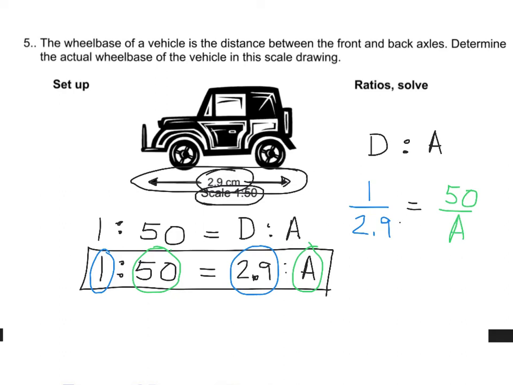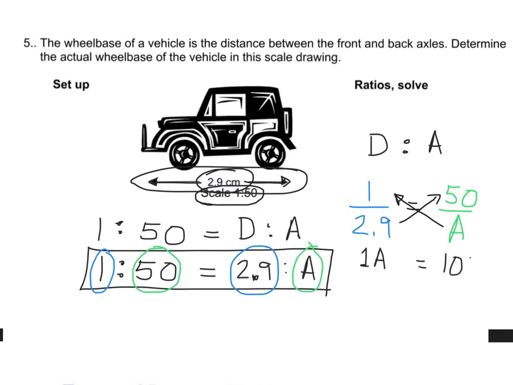Solving this, all I'm going to do is cross multiply both these things. So on the left side, I get A times 1, which is just 1A. We don't have to write the 1 here because it's just a 1. If you do want to write the 1, you can. And 2.9 times 50 is 105. So I'll just write that down over here.